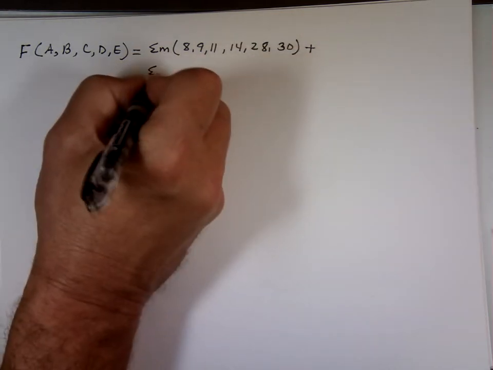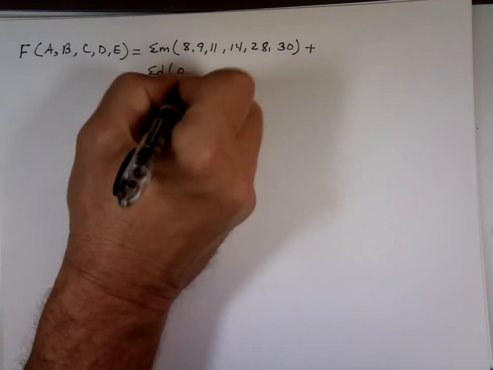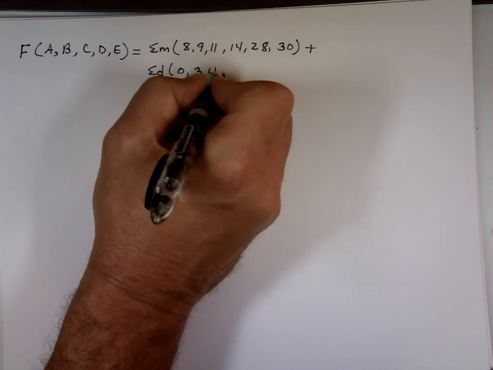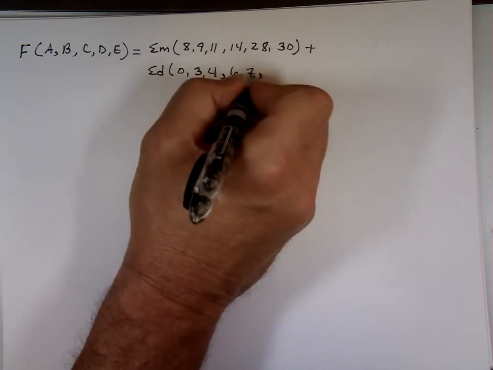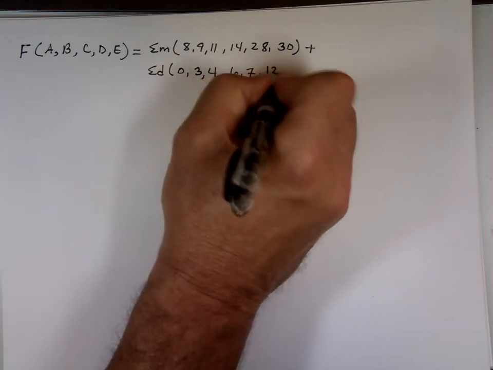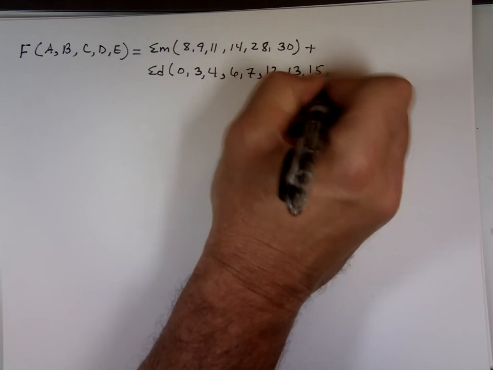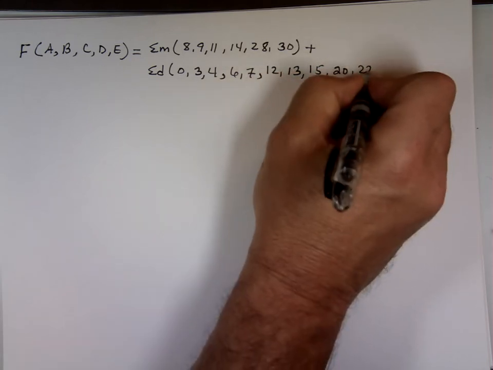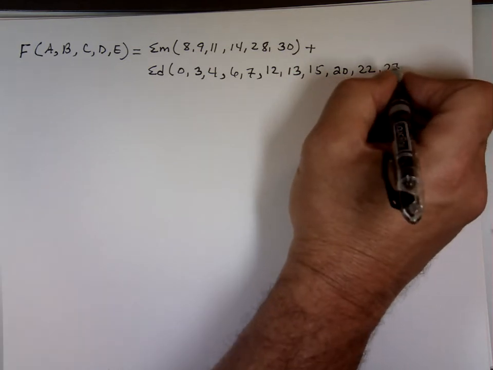That's the same thing. 0, 3, 4, 6, 7, 12, 13, 15, 20, 22, 27, 29, 31.